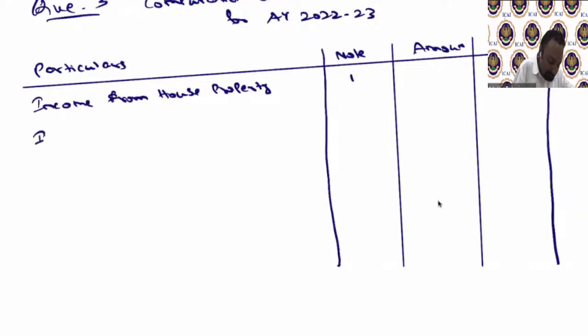Then I have income from profession. Income from profession, I'll say 2.